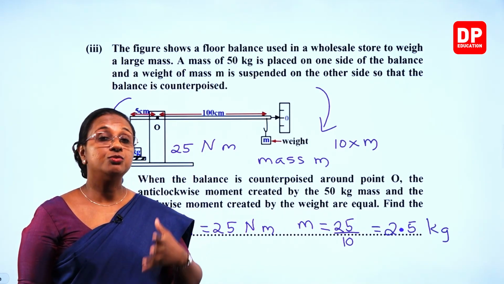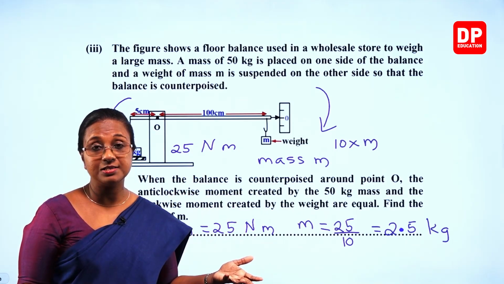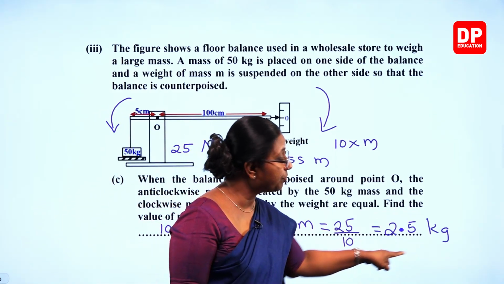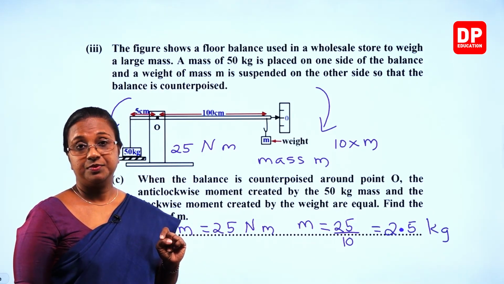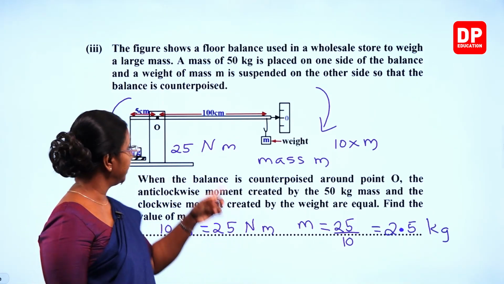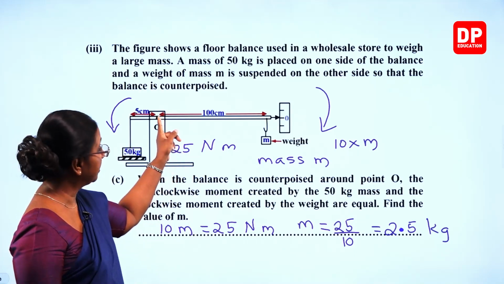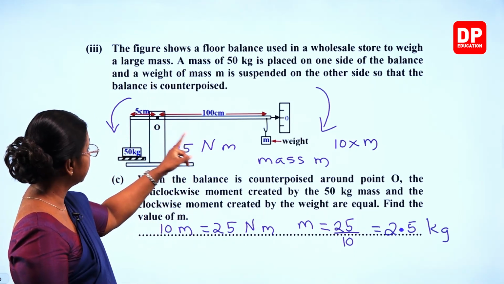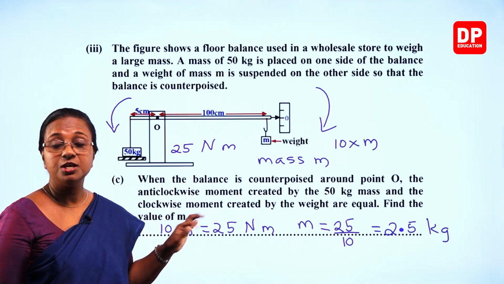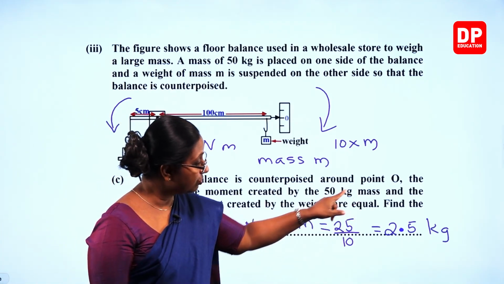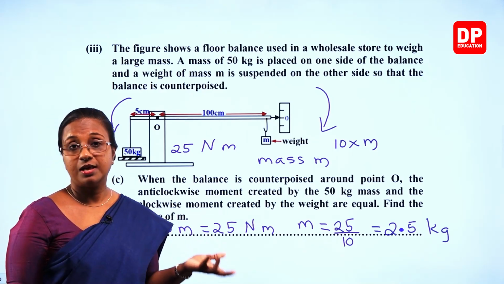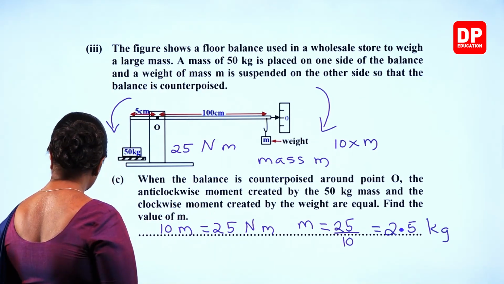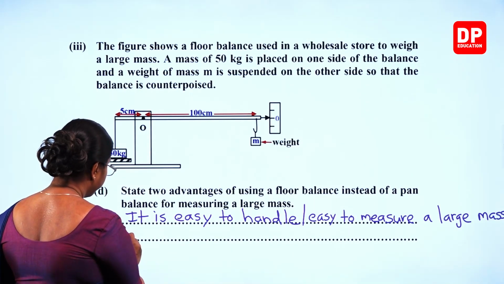So that means to measure a heavy mass, you only need small weights. So that is also an advantage because of this setup. Because this arm is longer, this arm is shorter. The distances, they are related to moment. So because of that, we can use small mass as the weight. So that is another advantage.